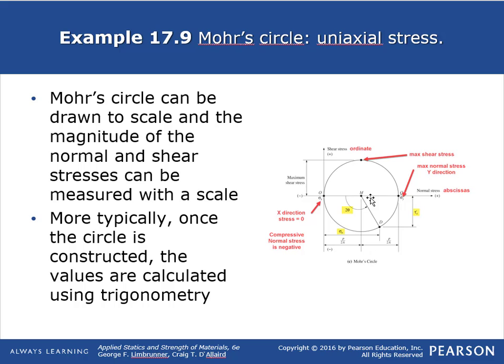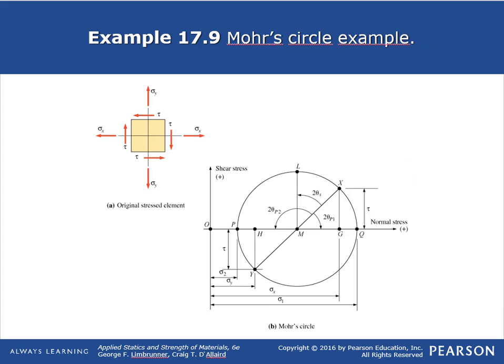By using the circle, we can look at triangles and these angles, and figure this out using our basic trigonometric functions. Then here is another Mohr circle example. This is the one that we're going to be looking at for example 17.9.